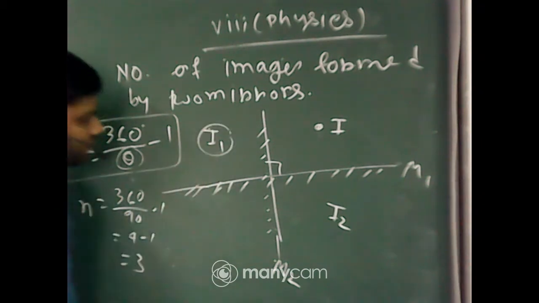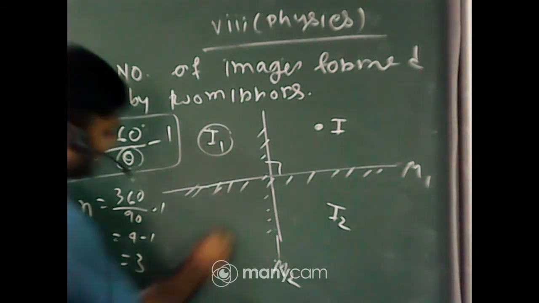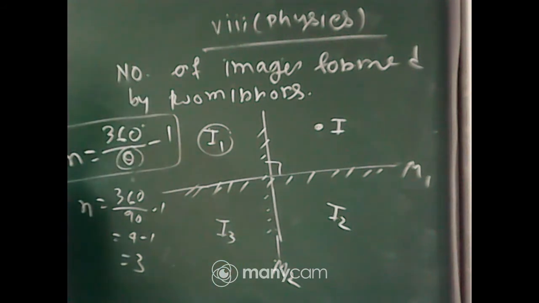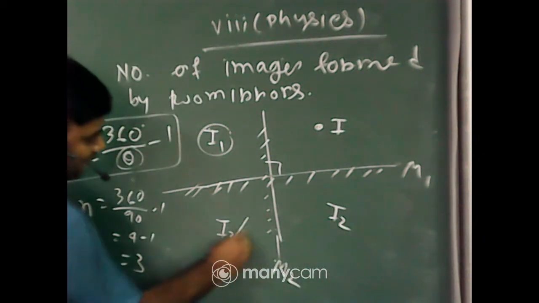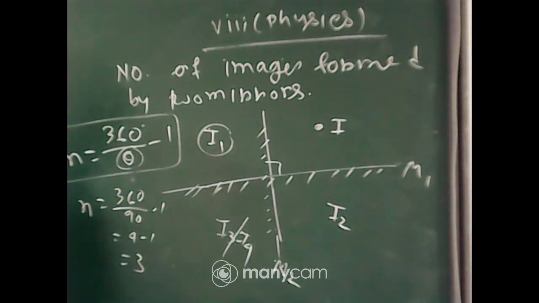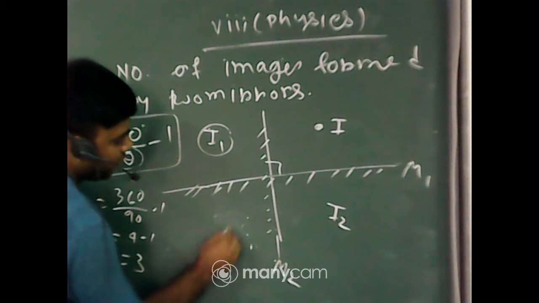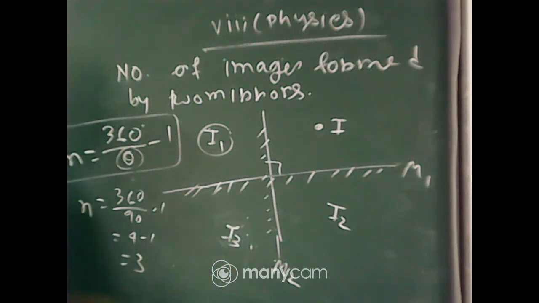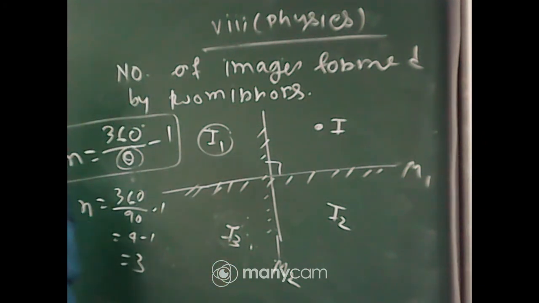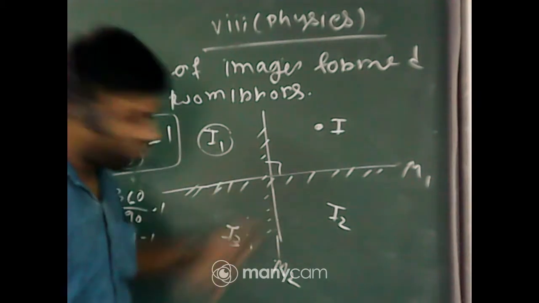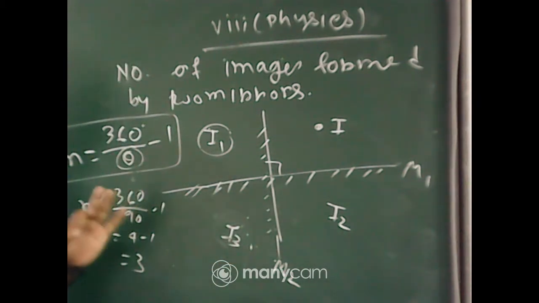It will again form an image here, I3. Similarly, I2 will form another image here, that is I4. And what happened? I3 and I4 actually coincide, so they form the same position, the same image, that is I3. Got it, everyone? So how many images do I get? 1, 2, 3. 3 images we have got.